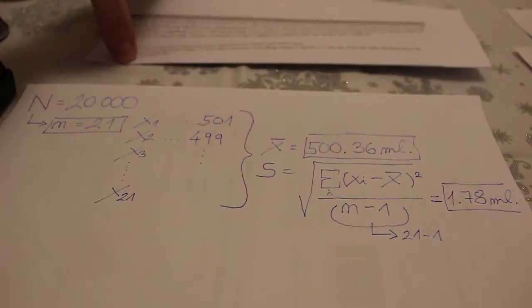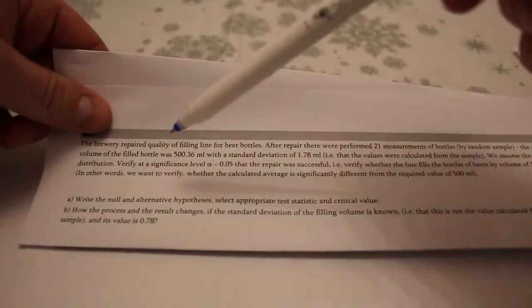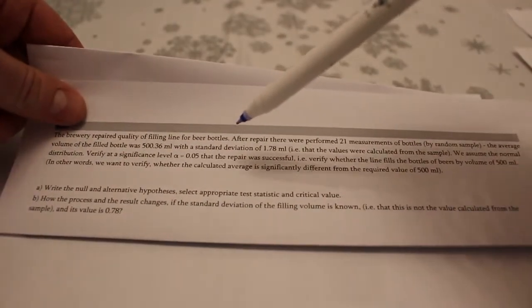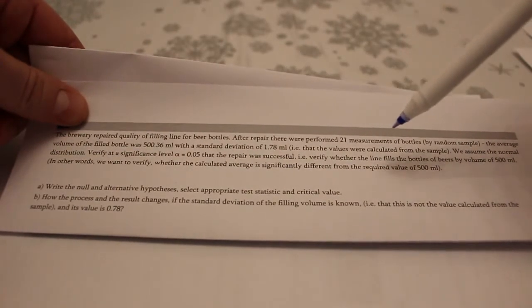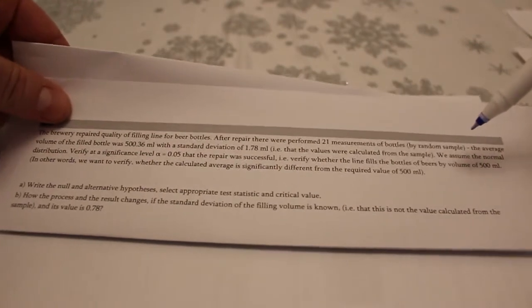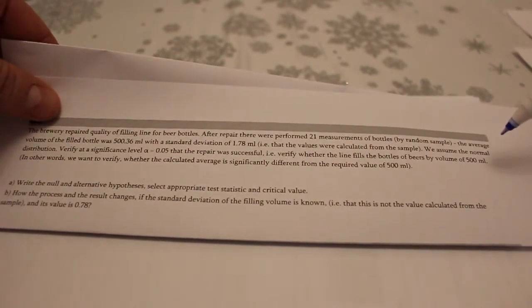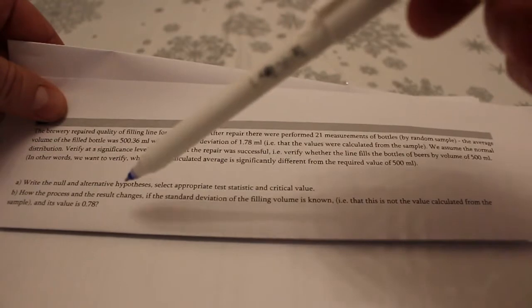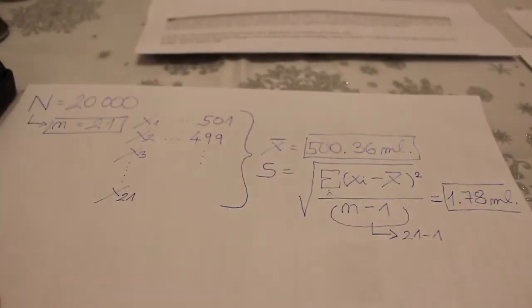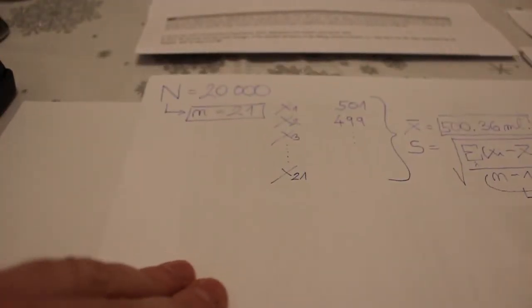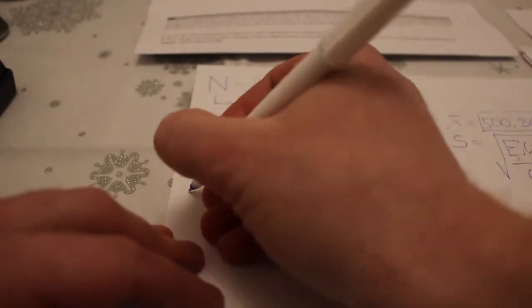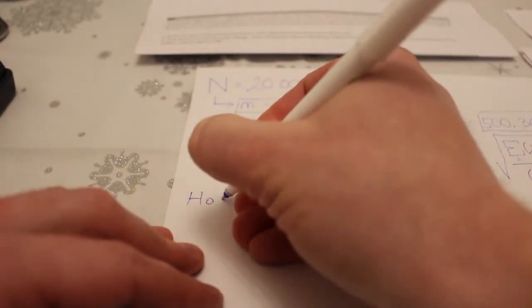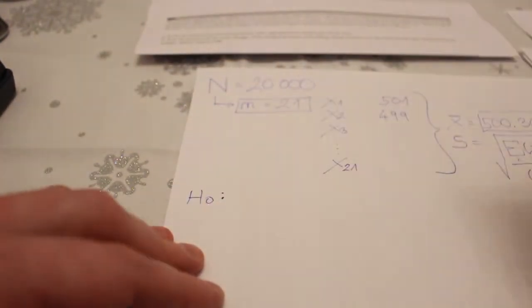Okay, so we would like to verify at the significance level alpha 5% that the repair was successful. We would like to verify whether the line fills the bottles of beer by volume of 500 milliliters. We will write a null and alternative hypothesis. The null hypothesis claims something. In the case of the null hypothesis, every time there is an equal sign.